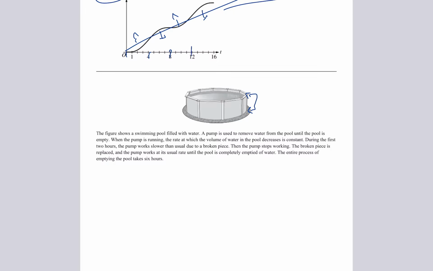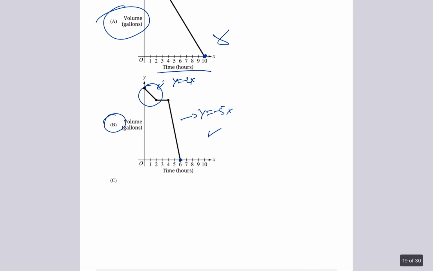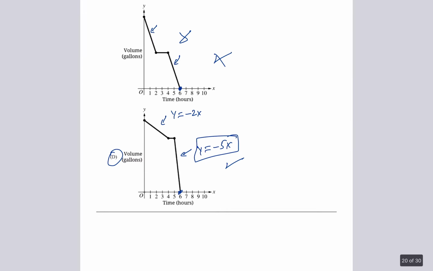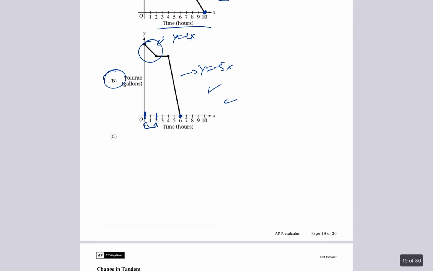During the first 2 hours, the pump works slower than usual due to a broken piece. So it's moving slower than usual for only the first 2 hours, which is option B. However, with option D, it's moving slower than usual for the first 4 hours, which is obviously not the case. So it is in fact option B, which is the correct answer.